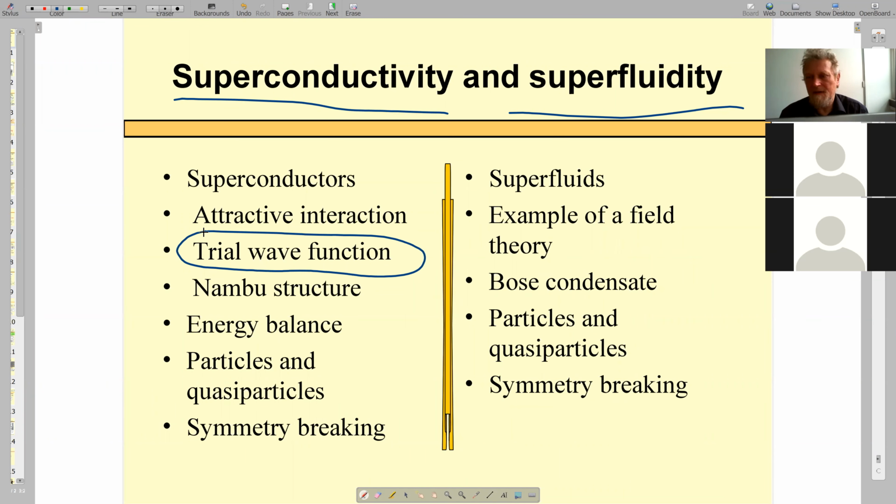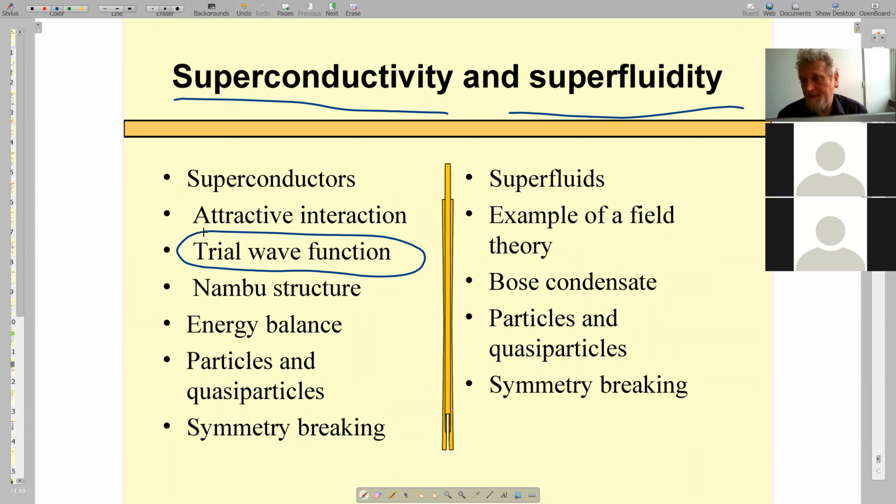Though this trial wave function was very fancy, it included superpositions of different numbers of particles. And with this, we could make a consistent theory of superconductors. In fact, all the calculations are taken from the original work of Bogolyubov, Cooper, and Schrieffer.